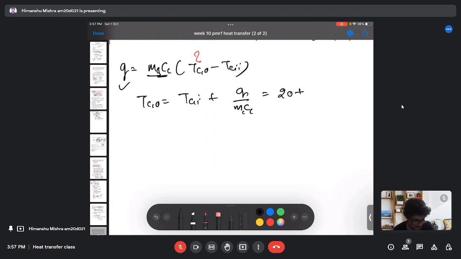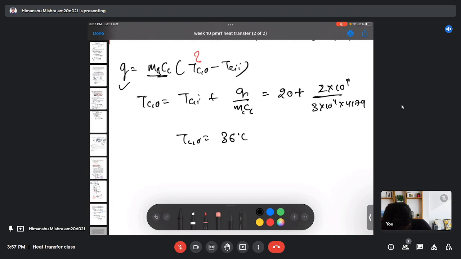So we just put in the values, and we found the outlet temperature as 36 degrees Celsius.